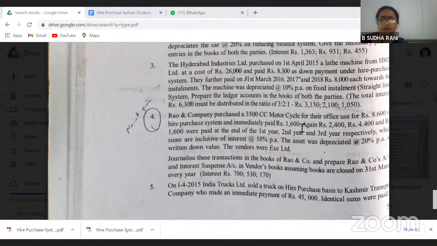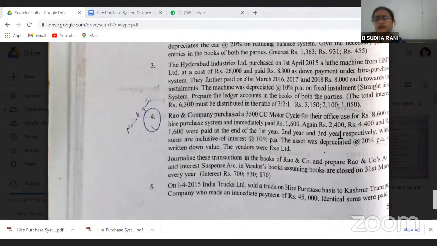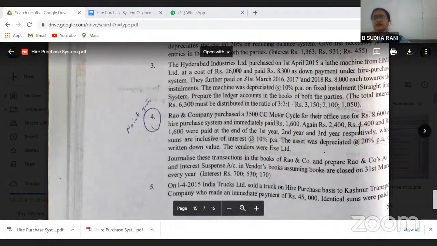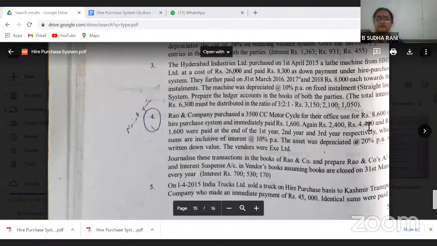Next, again 2,400, 4,400, and 1,600 paid at the end of the first, second, third year respectively. So here the installments are not even, different amounts. First year ending, he paid 2,400. Second year ending, he paid 4,400. Third year ending, 1,600. So total it is 8,400.